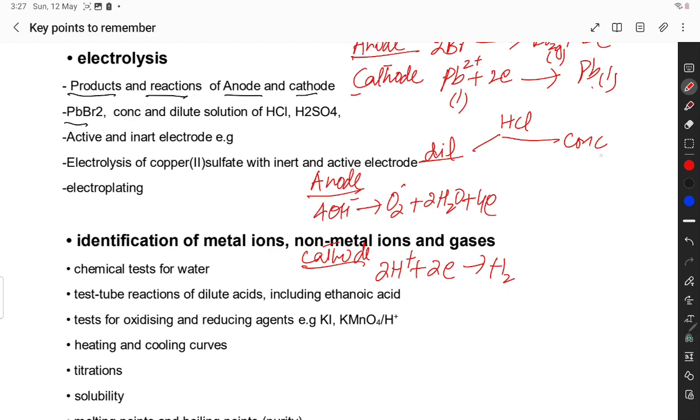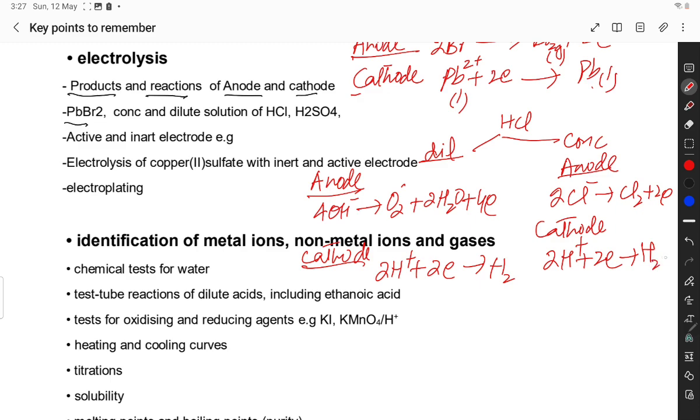Similarly, in concentrated HCl, the anode reaction is 2Cl negative to form Cl2 plus 2 electrons. Similarly, at the cathode 2H positive plus 2 electrons to form hydrogen gas. So these are the reactions of HCl.